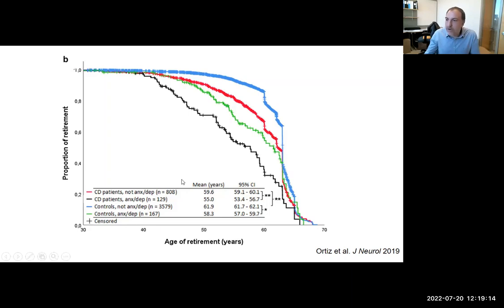If you compare these two survival curves, the black and the red one, the black indicates cervical dystonia patients who do not have anxiety or depression, and the red are the ones who are also anxious or depressed. And as you can see, the time to retirement is shorter in these patients, which clearly indicates that managing mood symptoms in dystonia may impact on productivity in middle-aged adults.